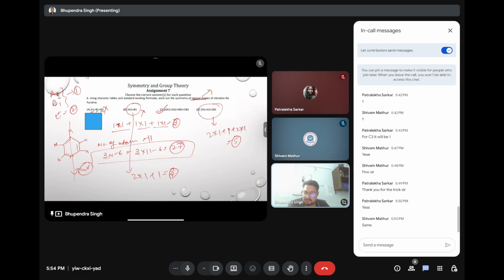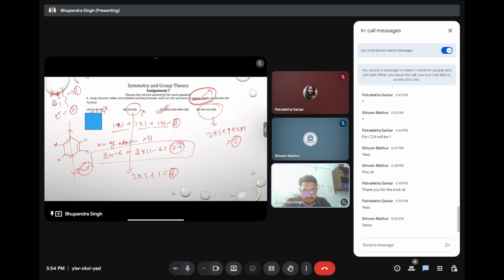This is the trick. The question is not asking about the IR active modes. They are asking about the normal modes, I mean the total modes. So 27.